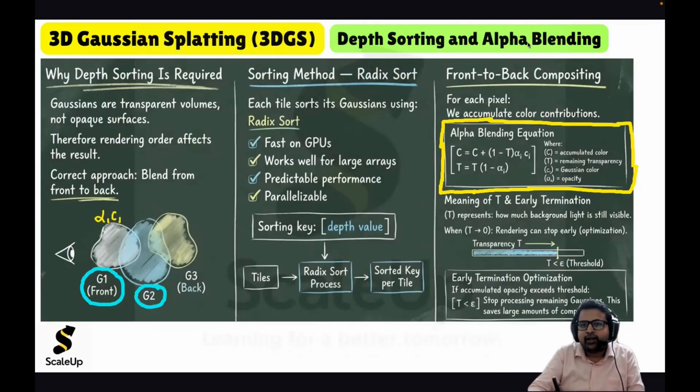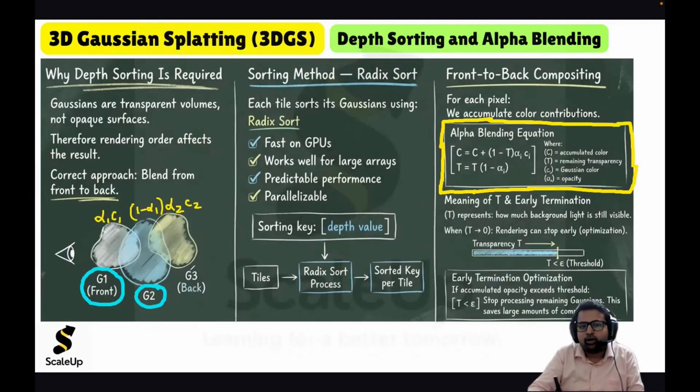So now, for the accumulated color, what will be the contribution of G2? The contribution of G2 will be 1 minus alpha 1 times alpha 2 C2.